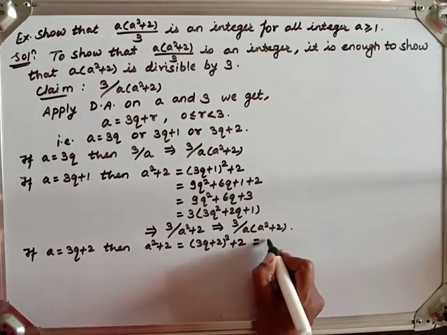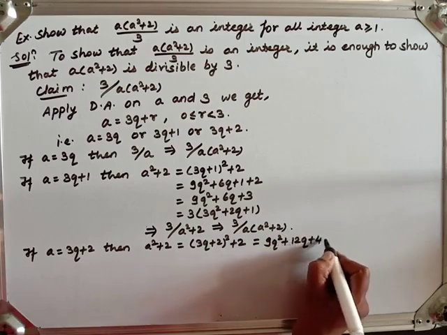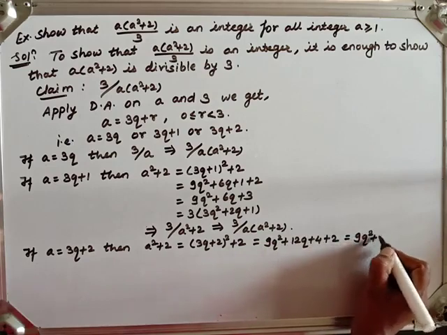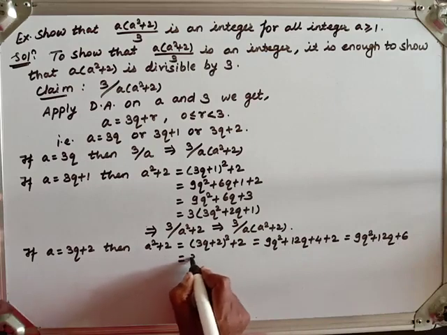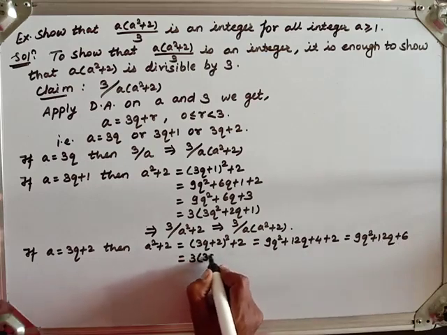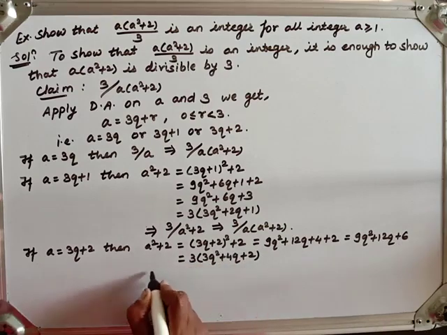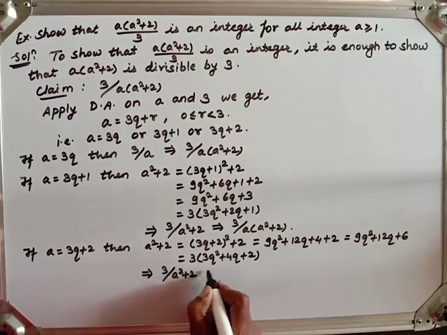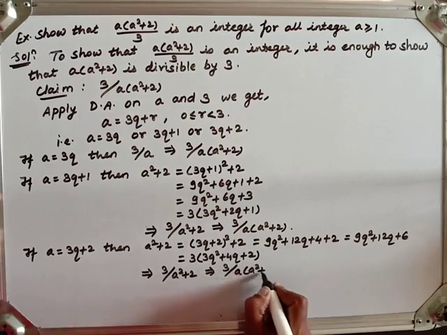So it will be 9q square plus 12q plus 4 plus 2. So that is 9q square plus 12q plus 6. Again we can take 3 common. It will be 3 times 3q square plus 4q plus 2. So this gives 3 divides a square plus 2. So that is 3 divides a into a square plus 2.